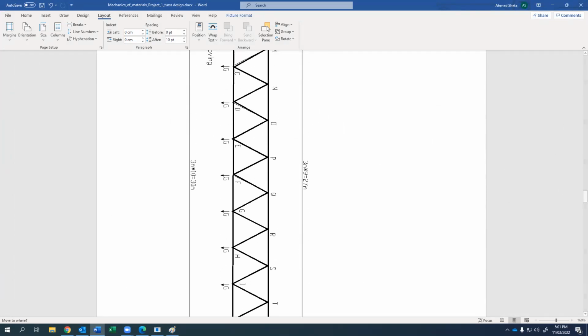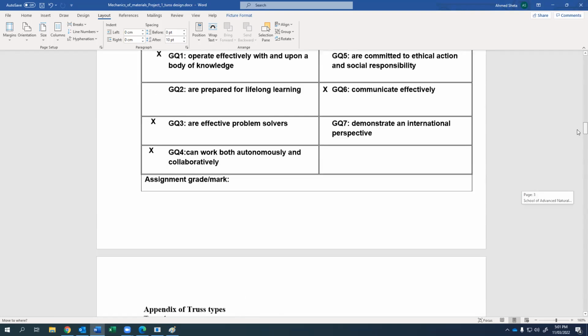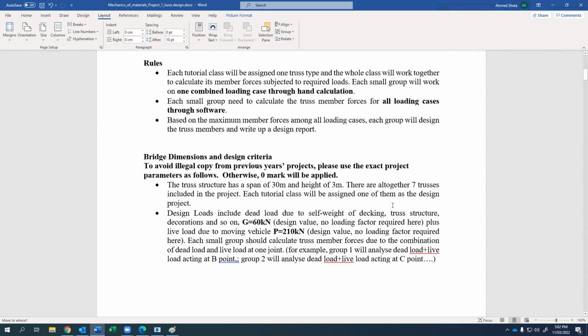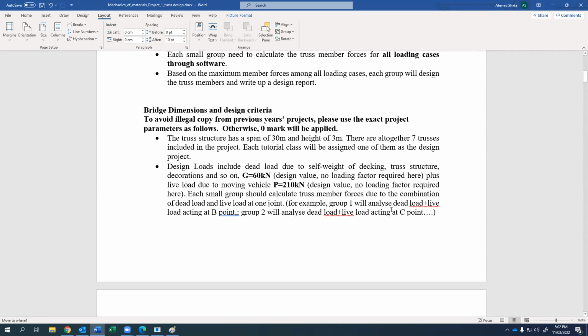Okay, if you see the description, please let me know, because sometimes the sharing is not working. Okay, now you see the project description.